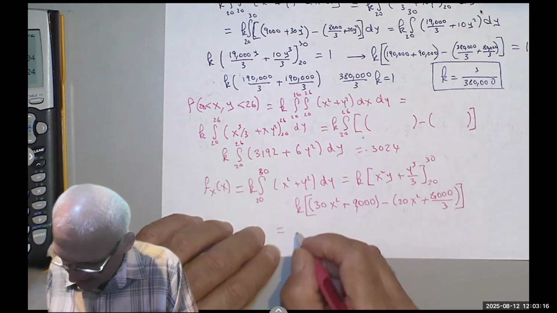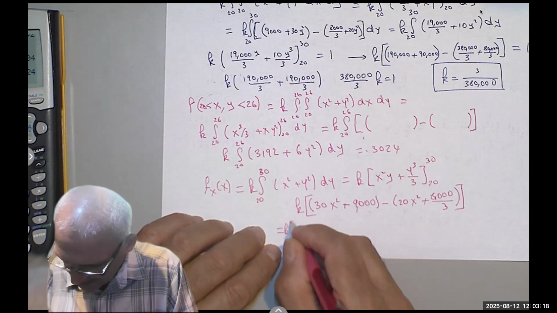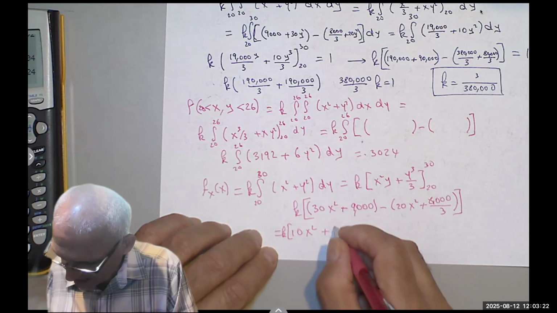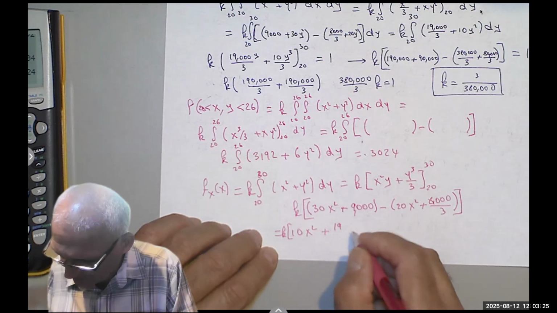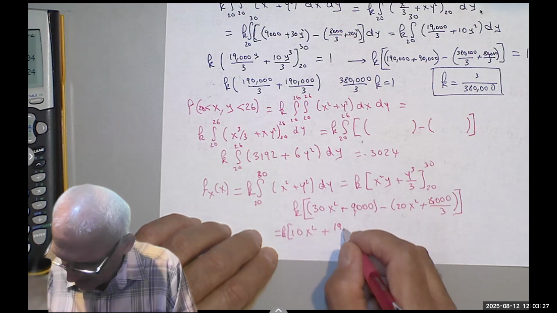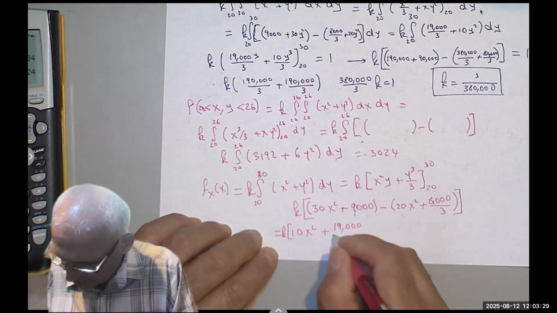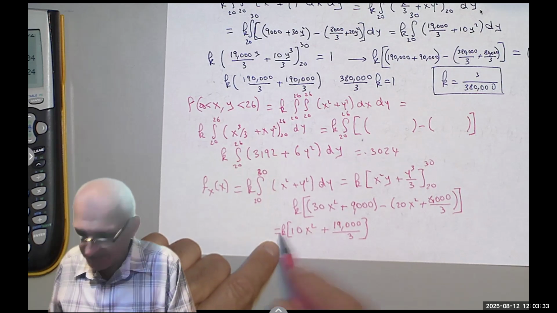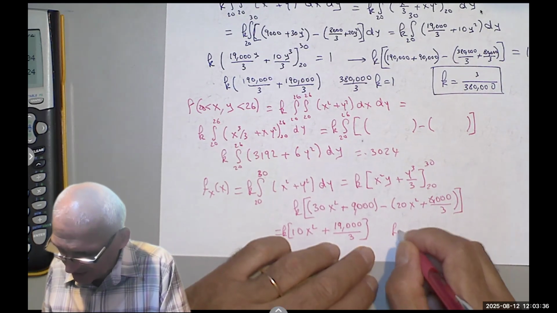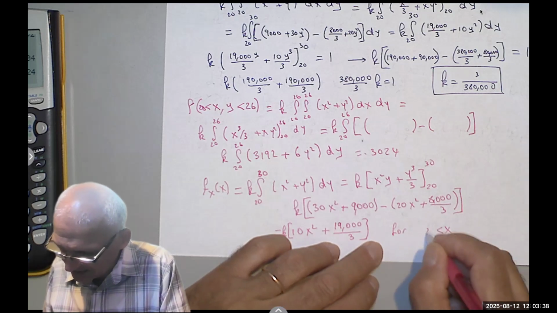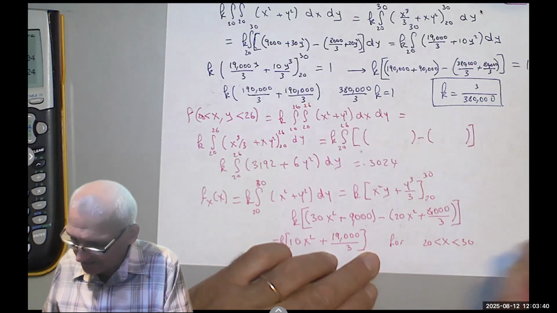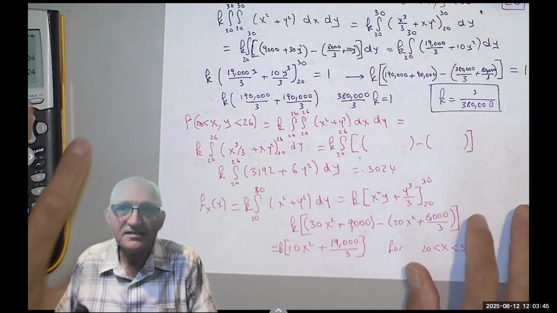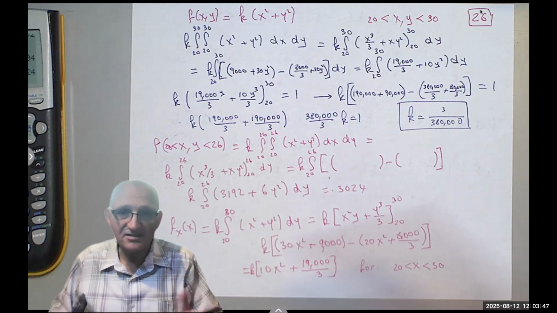So it's 10k times 10x squared plus 19,000 over 3, right? Of course, you would substitute that in for x greater than 20 and less than 30. Okay, and that basically would be it to complete that chapter.